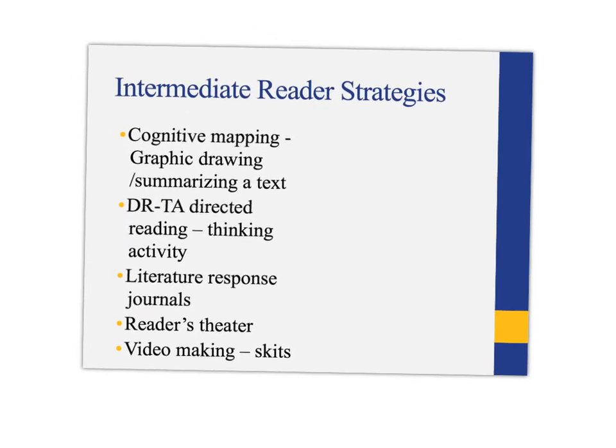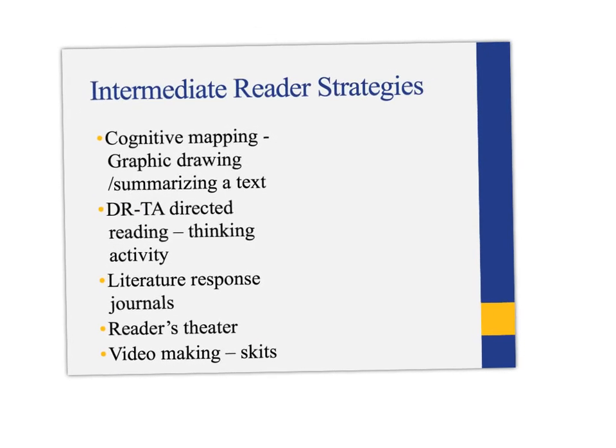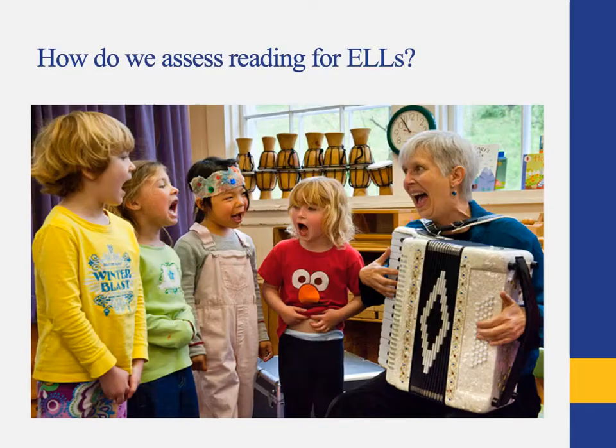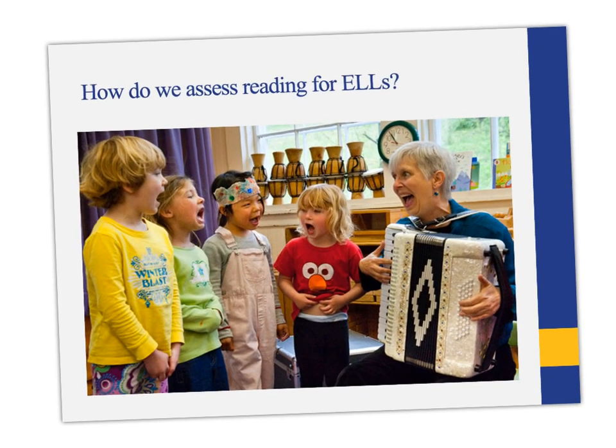For intermediate reader strategies, here's some ideas. And how do we assess reading for English language learners? Well, I would say we should assess daily. You can do a miscue analysis, like a running record. You can do reading inventories.